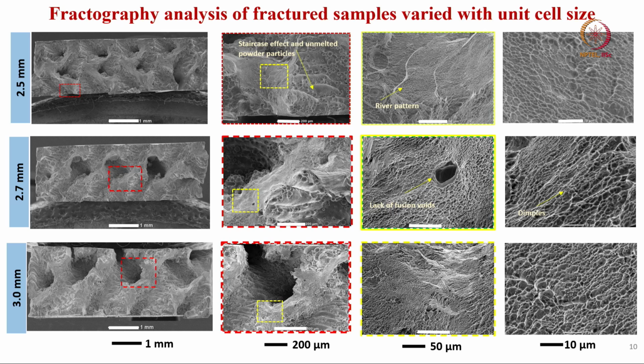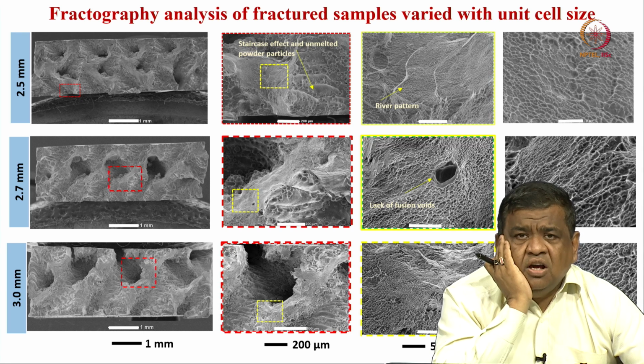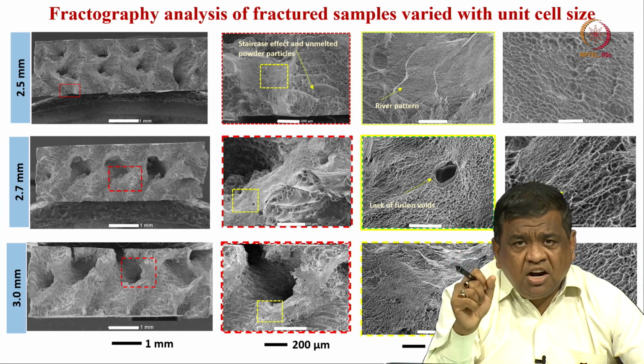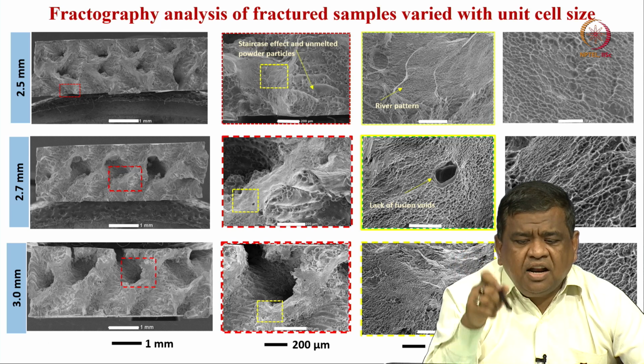Now, when you look at the fractured surface with varying unit cell size, these images were taken using a scanning electron microscope, which operates in two kinds of imaging mode. One is the secondary electron mode and the other is the backscattered electron mode.